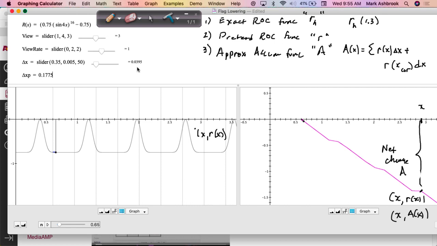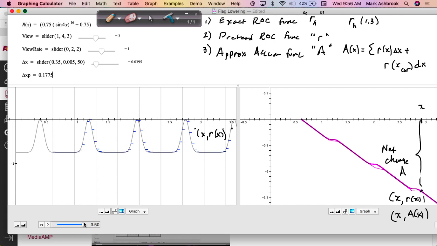Okay, let's take a look at that. So here's intervals of 0.0395. How's the pretend rate function look? It's getting good now, right? So it's reproducing that exact rate really well.